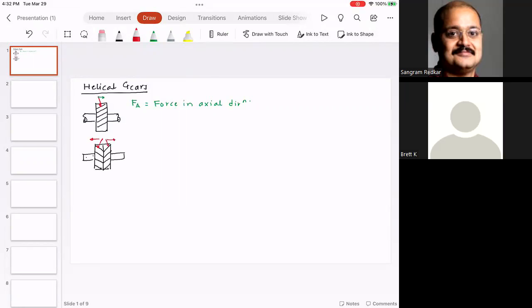The only difference is, first we take the helical gear and convert that into an equivalent spur gear.